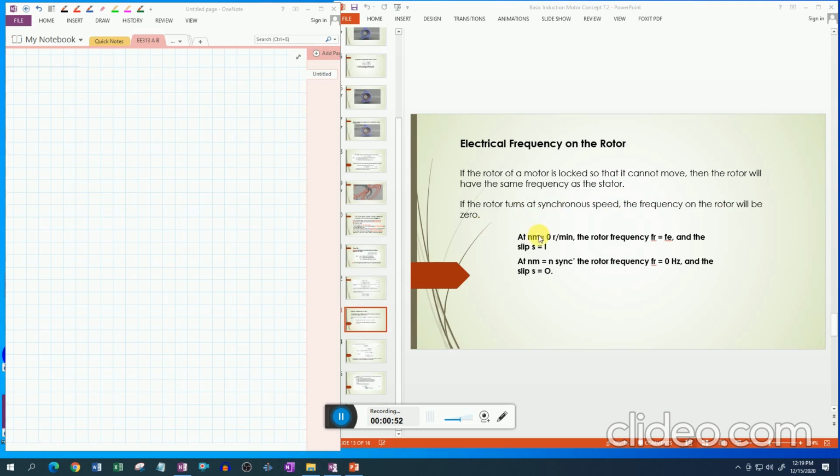Here it is explaining like that: at nm equal to 0, the rotor frequency is equal to the supplied frequency, and the slip is equal to 1. At nm equal to n synchronous, the rotor frequency is equal to 0 and the slip is equal to 0. And slip equal to 1 and 0, we already checked from the formulas in previous slides.